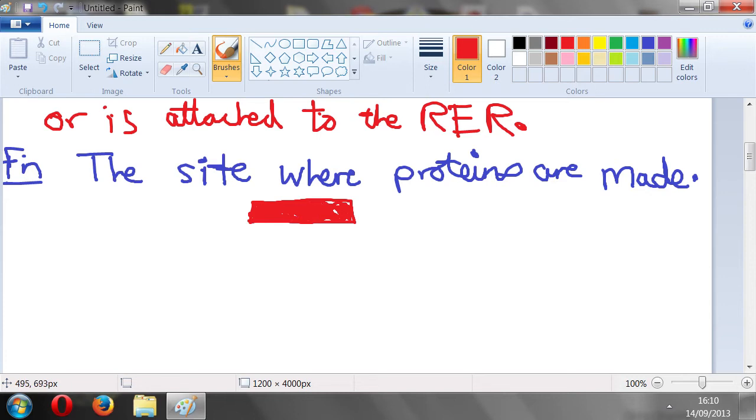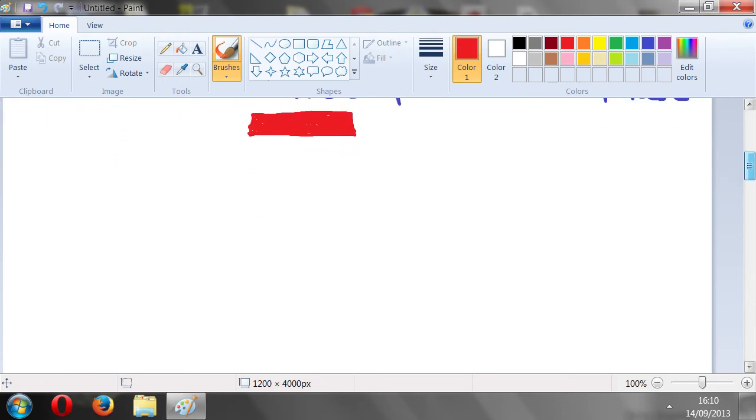So I want to try and get this nice sense of continuity, sense of recap always, now and going forward. So let's do the rough endoplasmic reticulum. Again, I'm going to use abbreviations where possible, I think, because it just seems like the right thing to do.